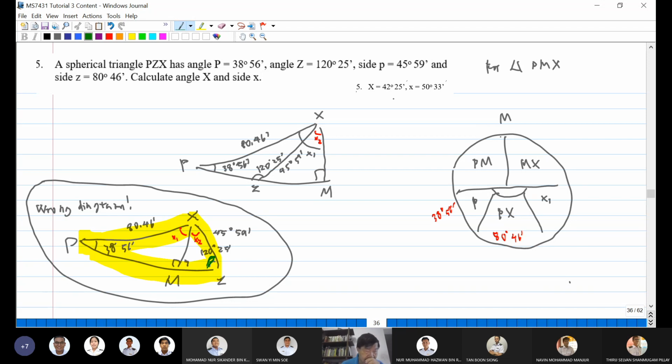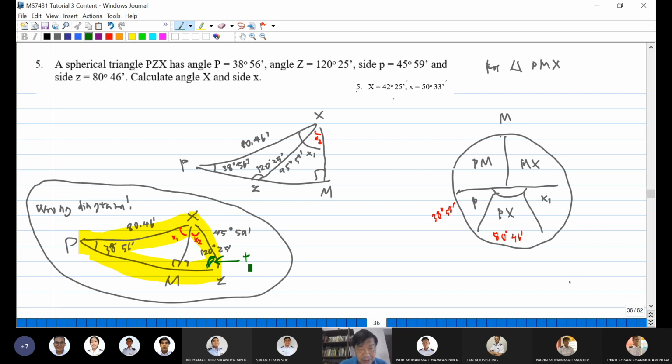If you draw the triangle this way, this is a wrong diagram. Why is it so? Because you'll find that the 120 degrees drawn like this is too small already, right? If I draw 120 degrees here and then divide it, you know that the angle is too small, because 130 degrees doesn't look like that.